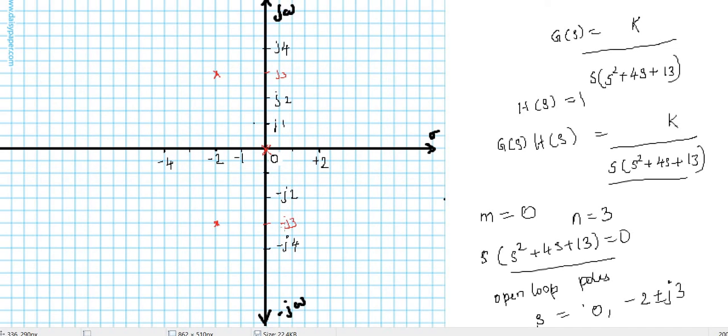Now we have to find the locus of roots on the real axis. That means, if there is any root locus branch or root locus segment in the real axis. In order to find that, we have to take an arbitrary checkpoint in the real axis.